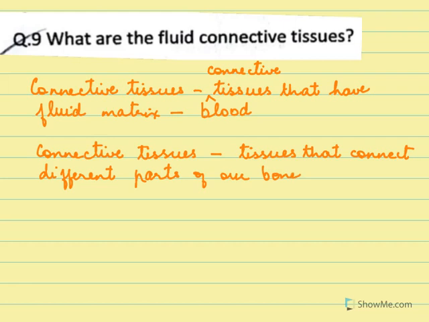And out of those connective tissues, some have got a solid matrix, that's bone. Some have got a liquid matrix, that's called a fluid connective tissue. Blood, lymph is another example of fluid connective tissue.